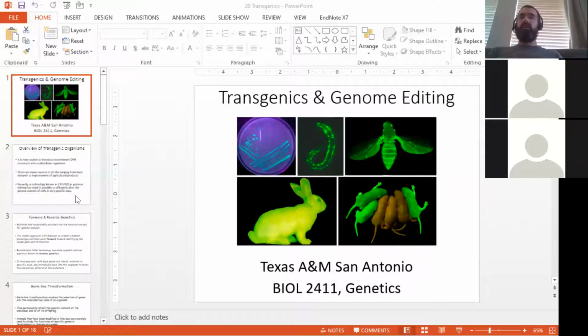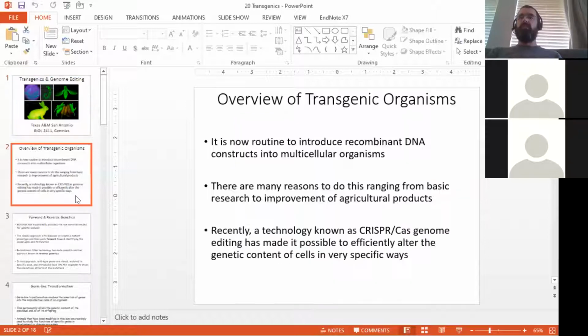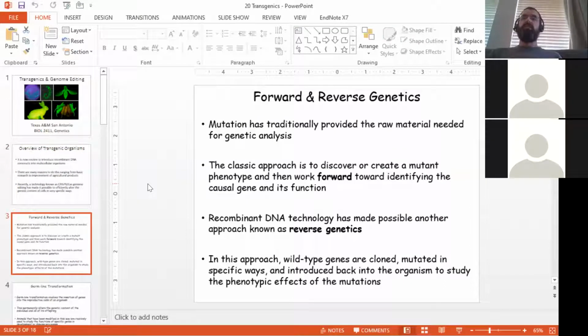What I want to do is let's see if there's anything useful here. More here, there's a couple of distinctions to make as well, right? So when we talk about genetic discovery, we typically talk about two approaches, forward and reverse genetics.